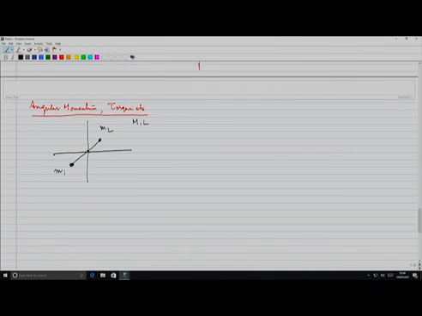This is the origin. Frictionless pivot through the center.